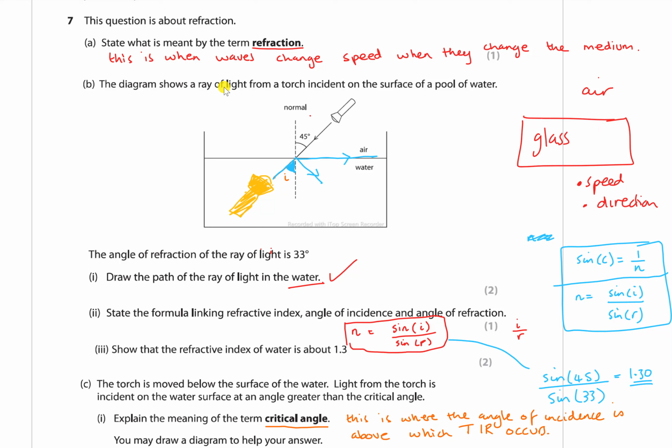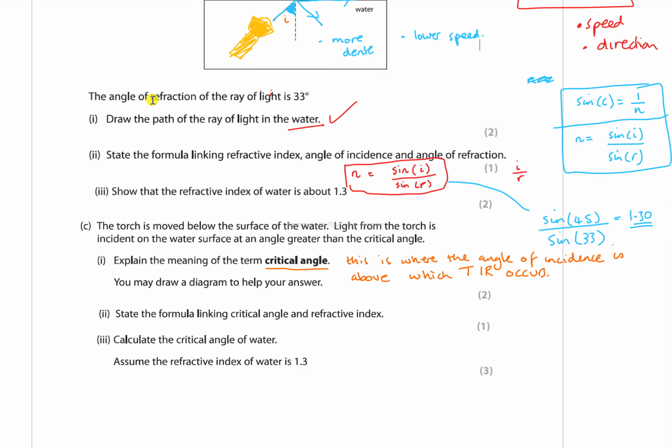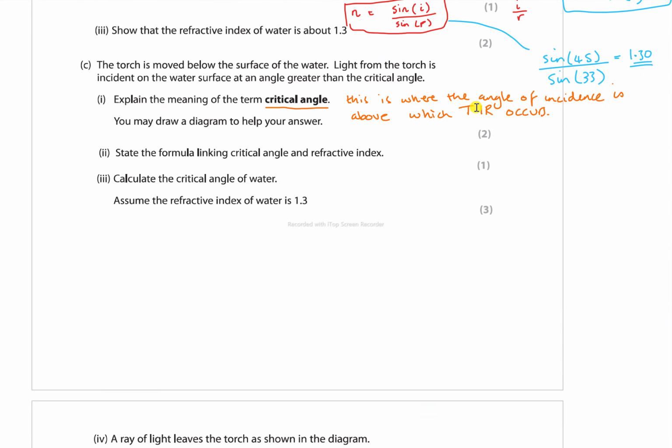So it has to go in the slower medium, the more dense one, which has a lower speed. Don't worry about that, just learn that. This is where the angle of incidence is above the critical angle, above which total internal reflection occurs. That's the definition that they've given.